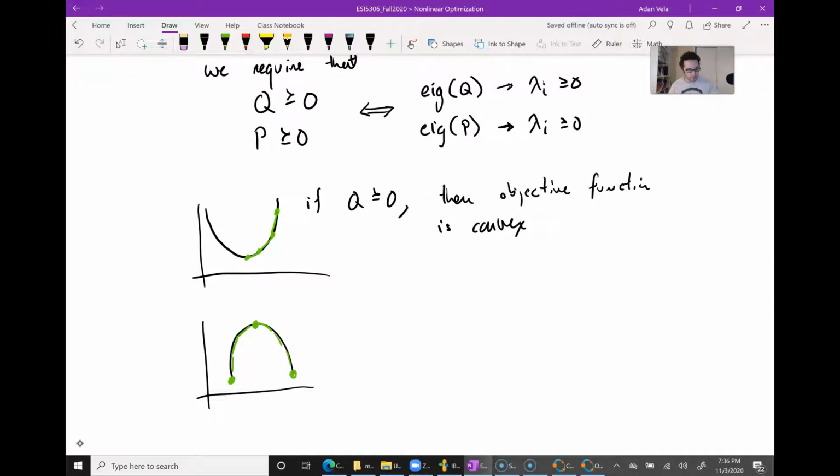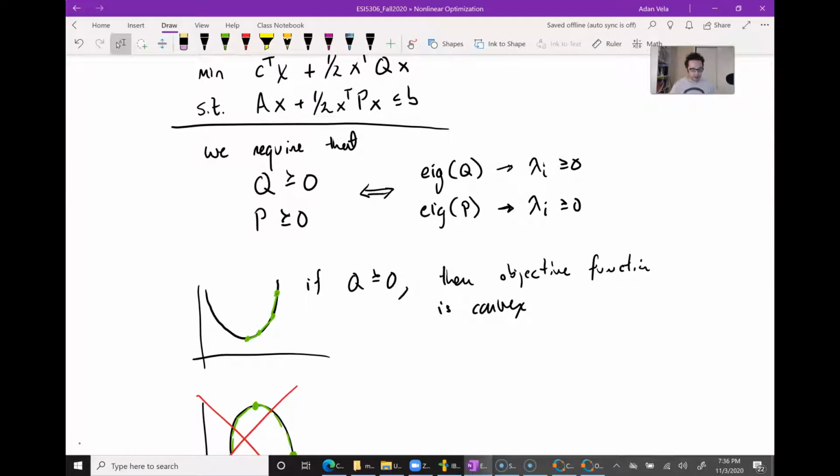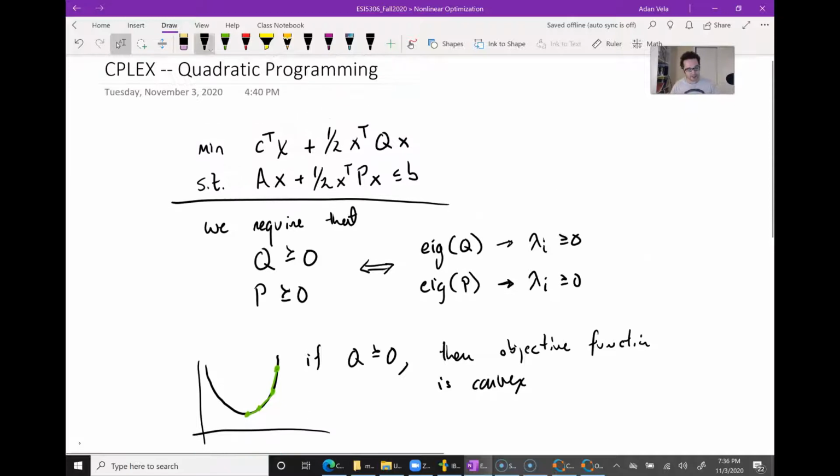And for that reason, CPLEX and most optimization algorithms are founded on this premise that they're working with objective functions that are at the very least bowl-shaped. So we require that Q is positive semi-definite, which means this function is convex. Our objective function follows this bowl shape.